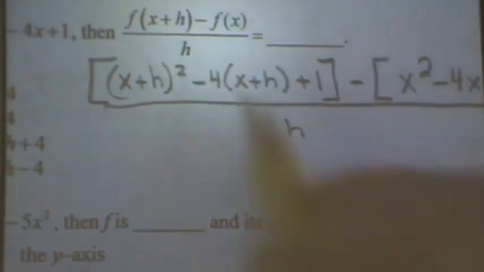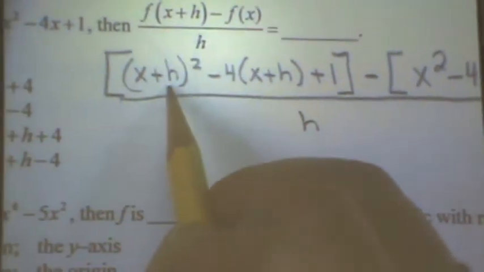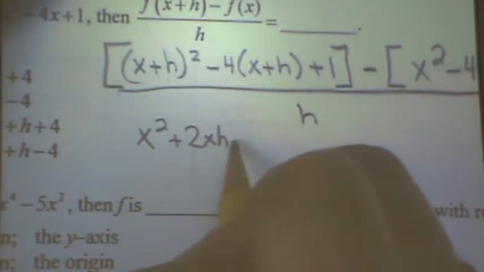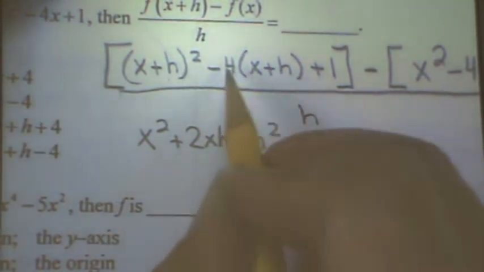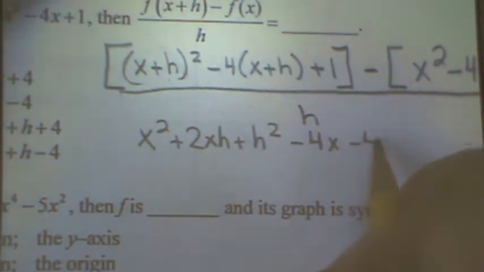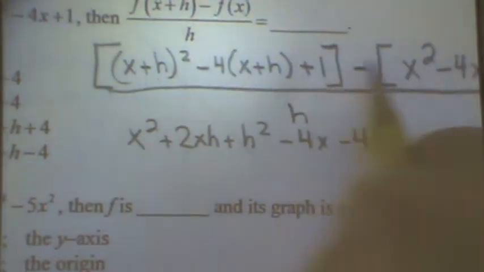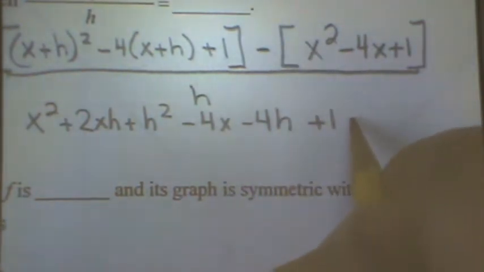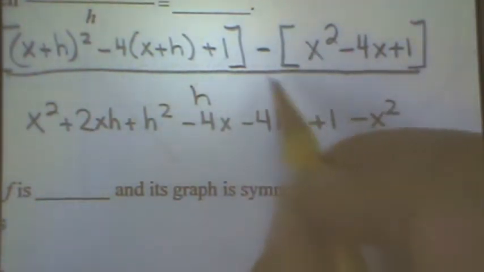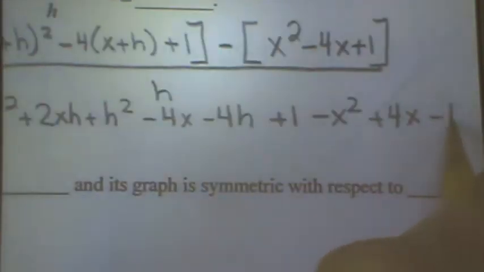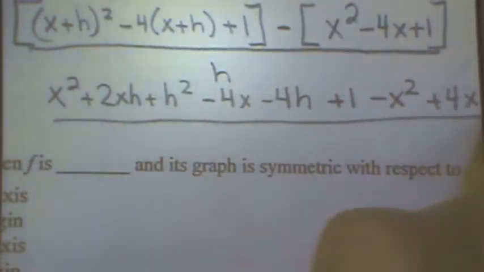So we need to simplify. Squaring x plus h, we get x squared plus 2xh plus h squared minus 4x minus 4h and then plus 1, then minus x squared plus 4x and then minus 1 all over h.